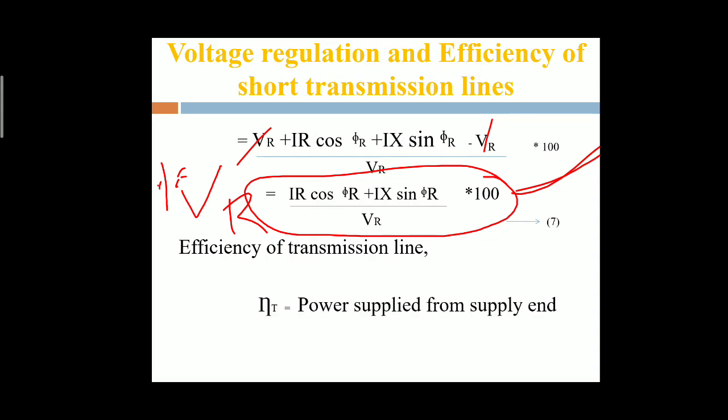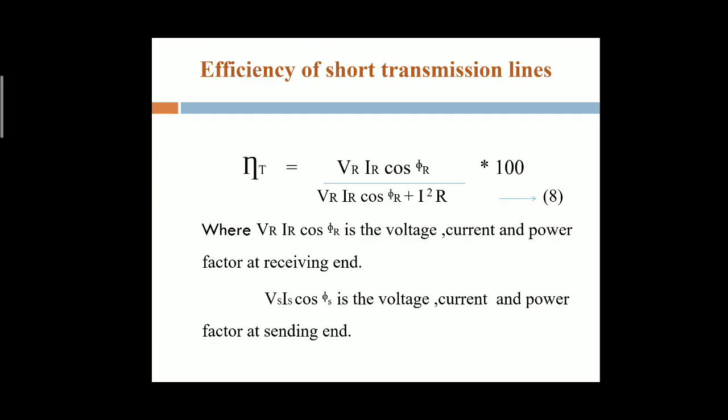Next, this is the overall efficiency formula: the power delivered divided by the power delivered plus the drop.